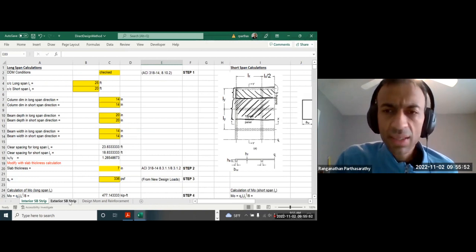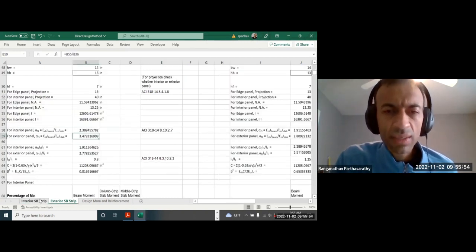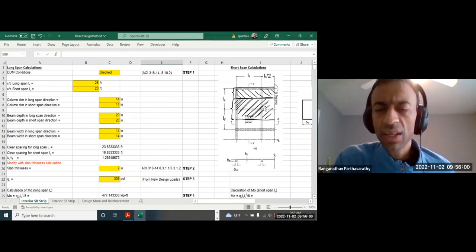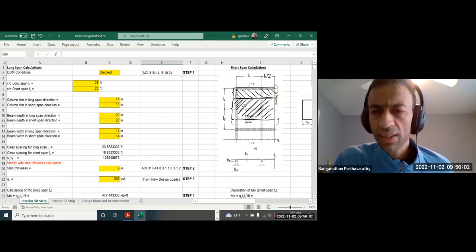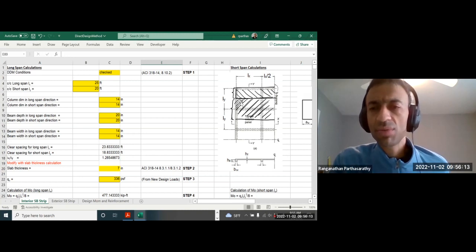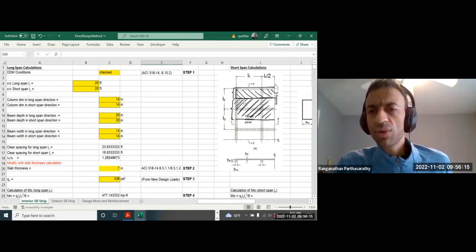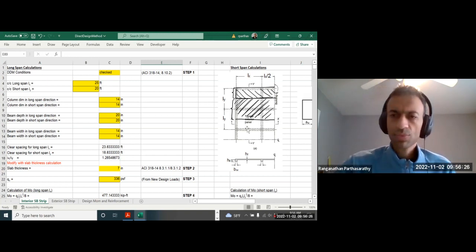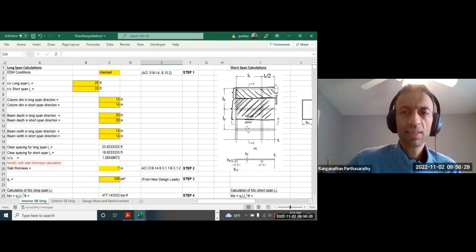So if you see the interior slab beam strip in the long direction, there is an exterior moment and interior moment. But if you go to the short direction, you will have a bit of a difference there, because both sides are interior negative moment. You don't have any exterior negative moment.